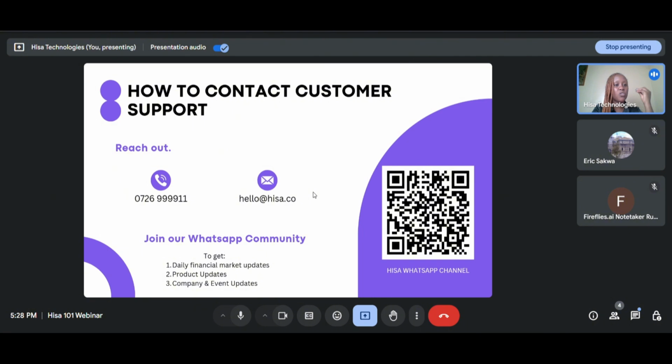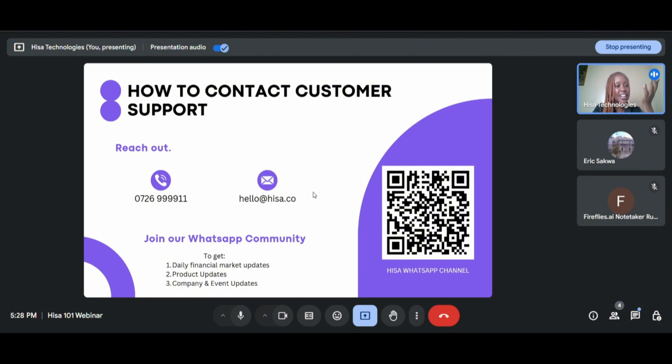So let's say you are buying shares worth 100 shillings. 1% of 100 shillings is what you will be charged. So you invest 100 plus 1%. Yes, that's the only charge that the company at the moment charges you, 1%.